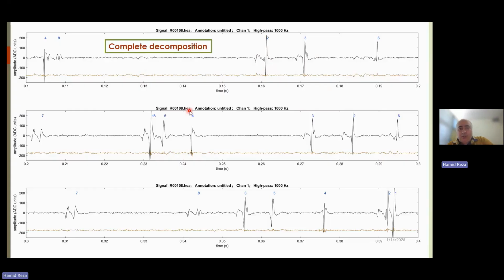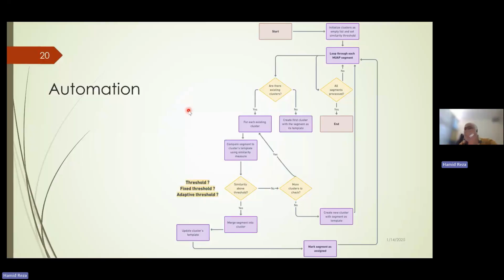Okay? So how can we automate this? That was from the practical point of view, and now we are focusing on automation. First of all, template matching is one of the most efficient algorithms for intramuscular EMG decomposition.